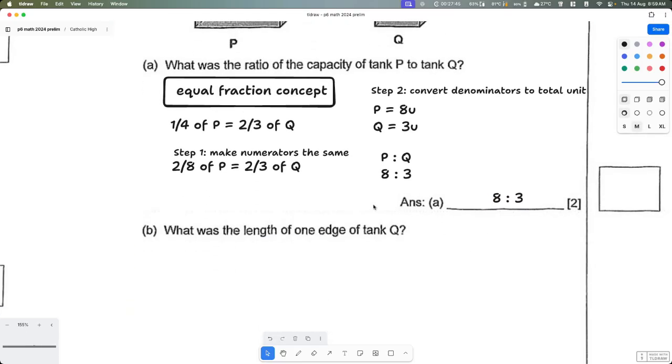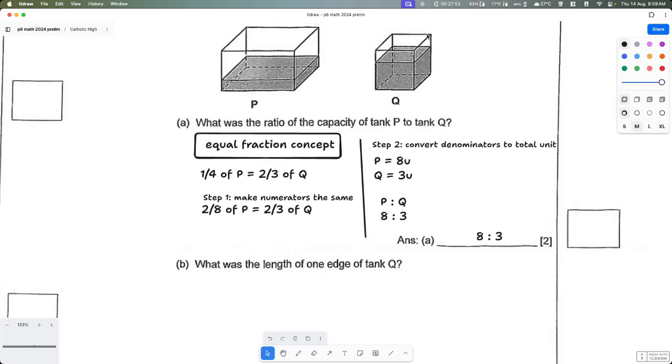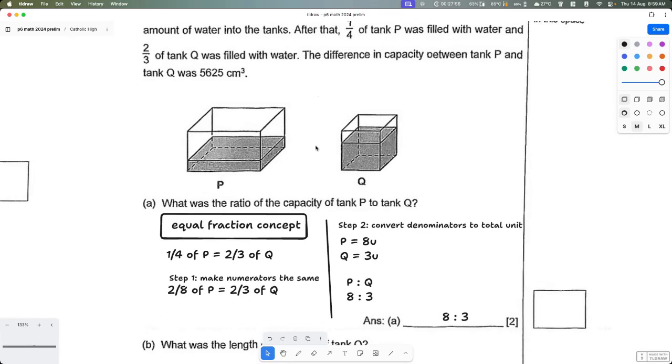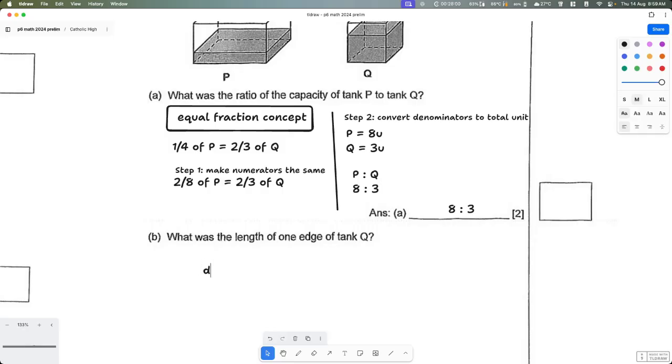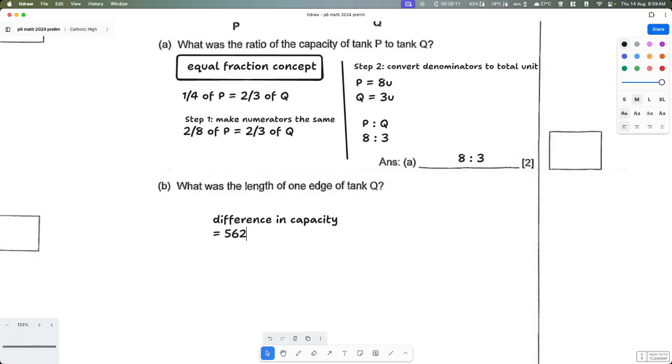Let's move on to the next part. Part B. What was the length of 1/8 of 10Q? From here, we know the difference in capacity between P and Q is 5,625 centimeter cube.